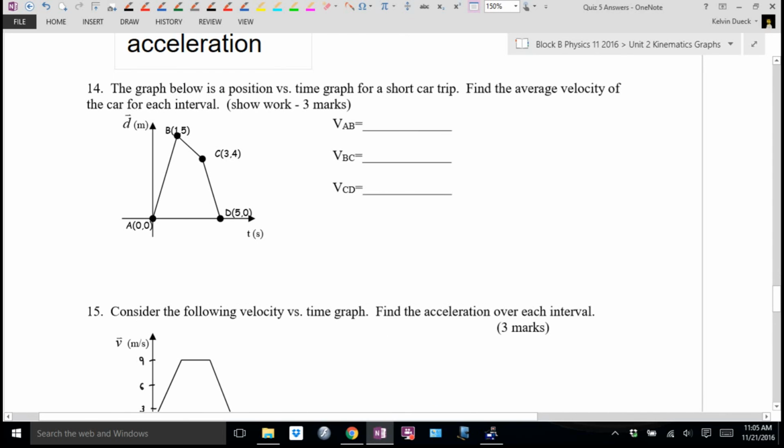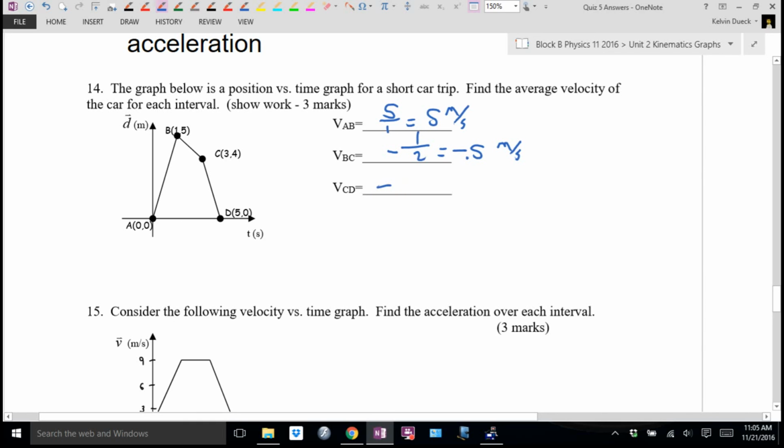The graph below is the position versus time graph for a short car trip. Find the average velocity for each interval. The velocity over A and B is the slope between A and B. That ends up being just 5 over 1, which is 5 meters per second. BC, negative 1 over 2, or negative 0.5.